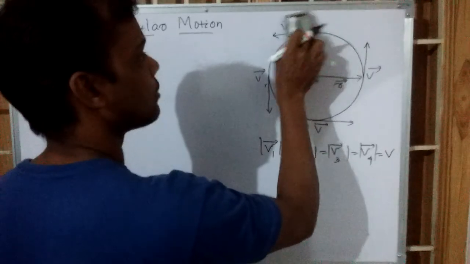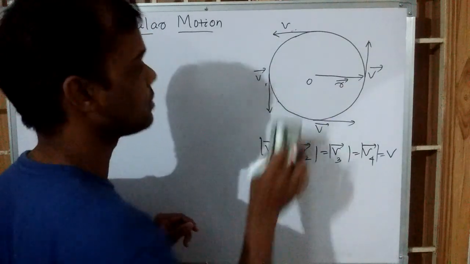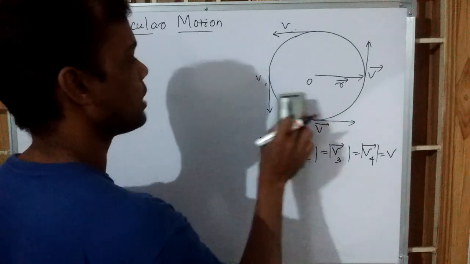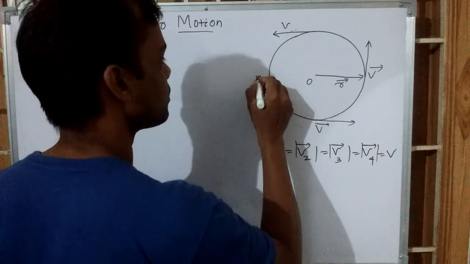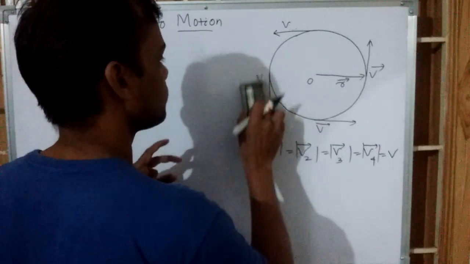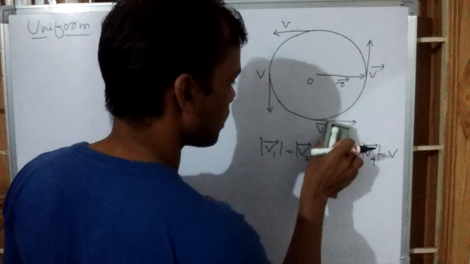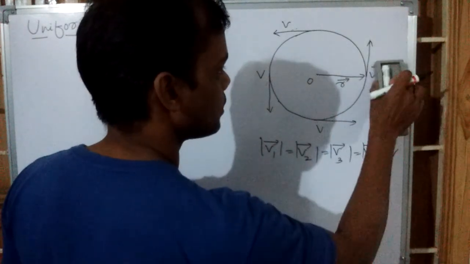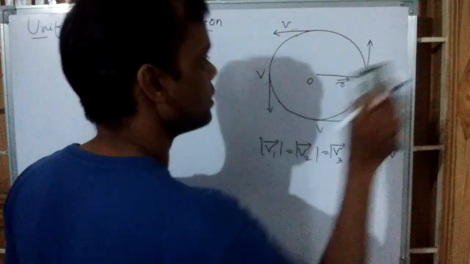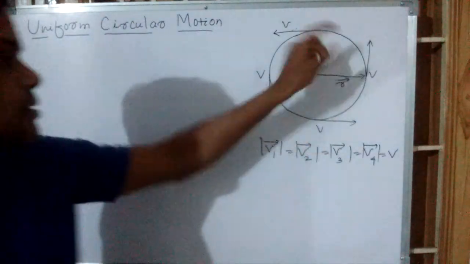So I cannot assign a vector sign here. I can only write that speed is v here. This is speed v and this one is also speed v. At every position speed is constant, but directions are different.